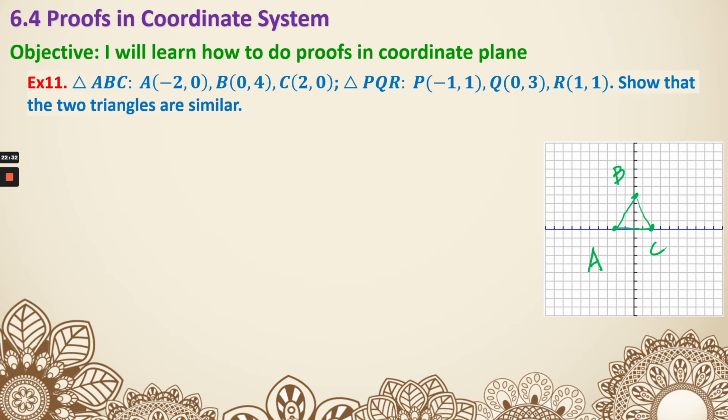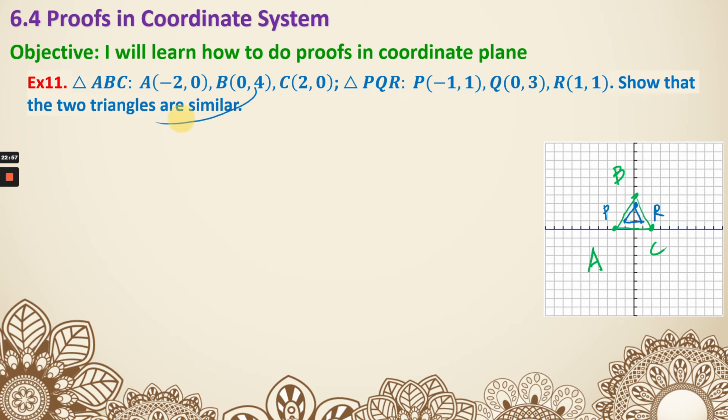Then I have PQR. My P is -1, 1, right there. And 0, 3 is my Q. And R is 1, 1. So here's my little triangle right there.